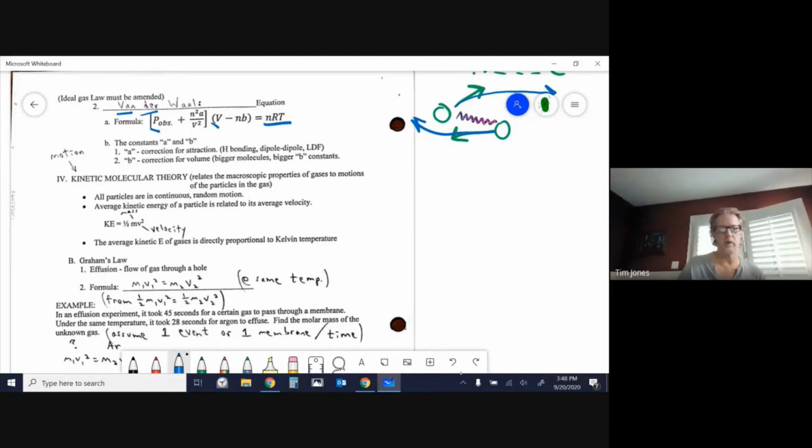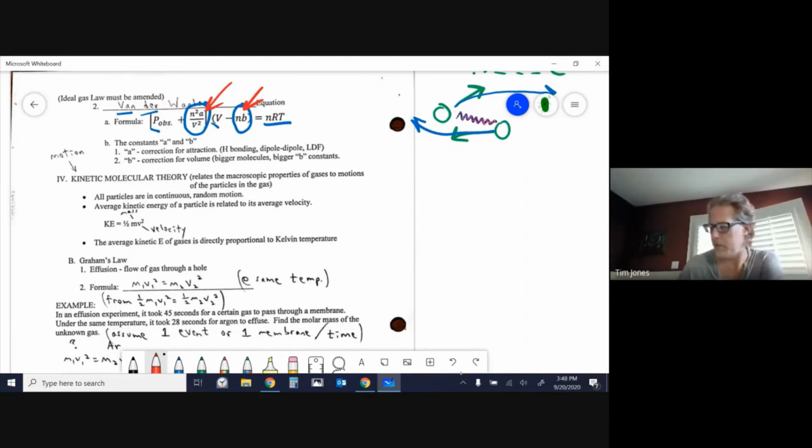It's still the same equation, but there's an adjustment for the pressure and an adjustment for the volume. If you were asked to do a real gas law problem, you would have to be told what the A constant is, which is here, and what the B constant is for the particular gas you're working with. I don't bother doing that here. It's beyond the level of this class. It's just something for you to be aware of.